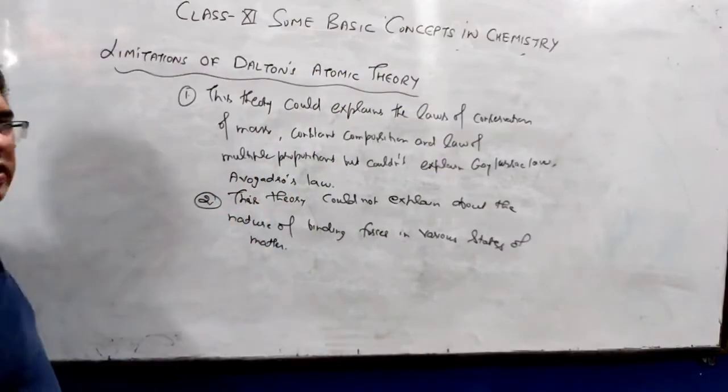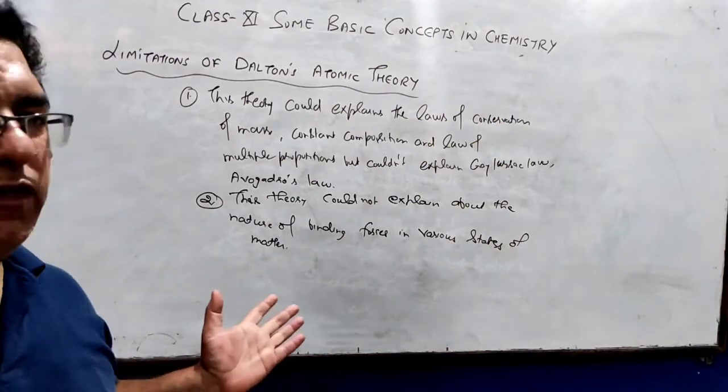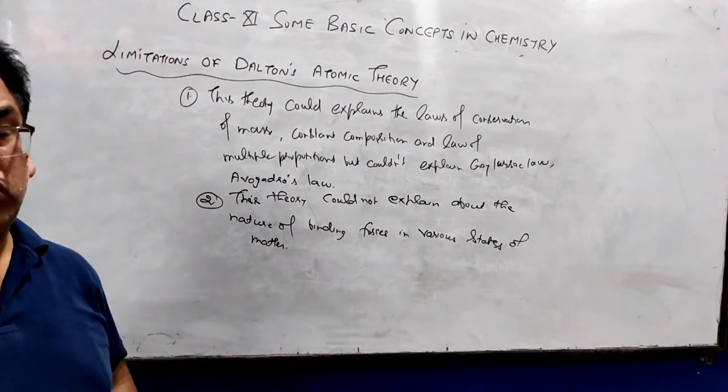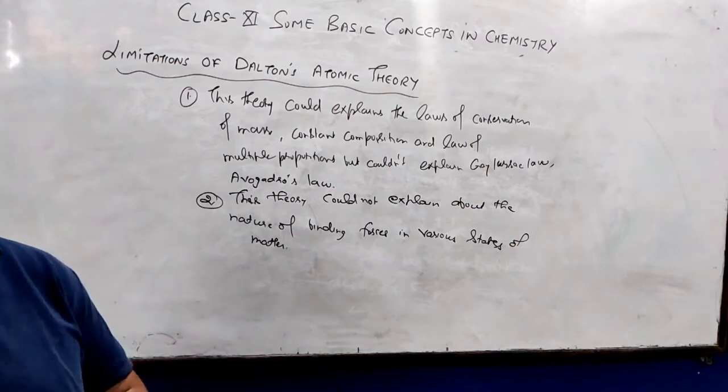So various state of matter, that is solid, liquid or gas, and this theory could not explain the nature of binding forces, why the forces of attractions are strongest in case of solids, why they are weak in case of liquid, why they are weakest in case of gases.